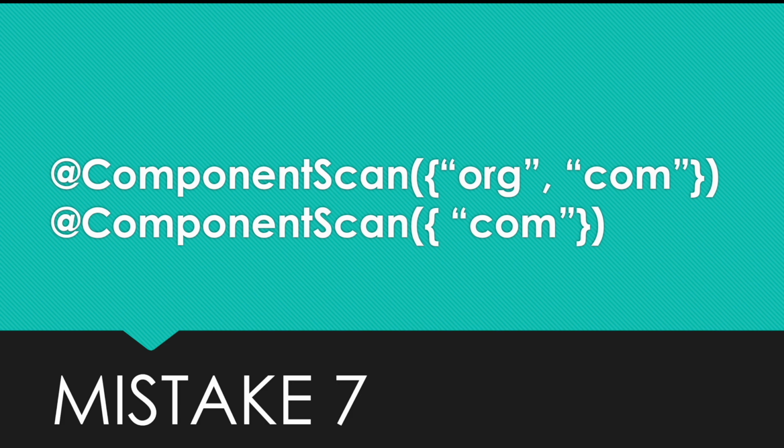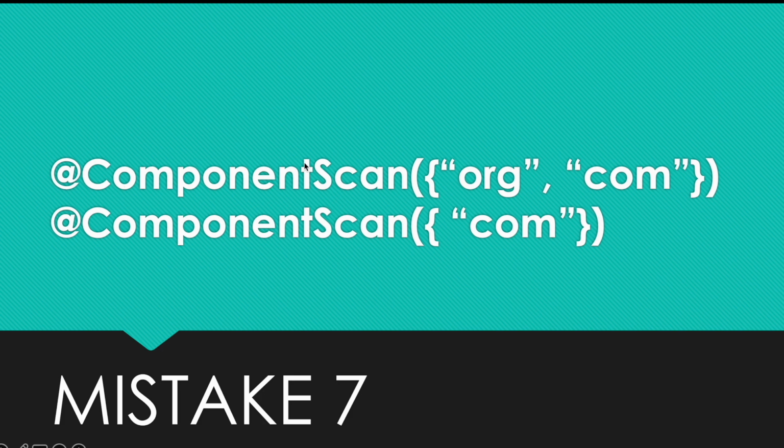Mistake number 7. Component scanning is a wonderful annotation that allows Spring to discover beans that are annotated with a stereotype annotation. But the way you use component scanning can tell whether you really understand it or you don't really understand it.